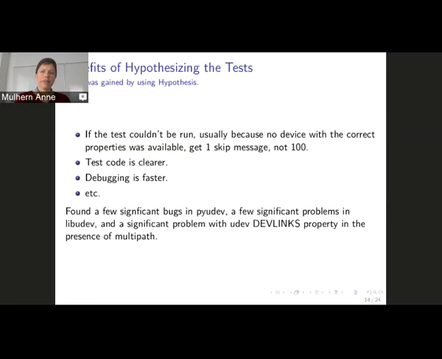And with Hypothesis, I could change that around. I get a skip message, not per example, but per property that I'm trying to test. And that's a whole lot more valuable.